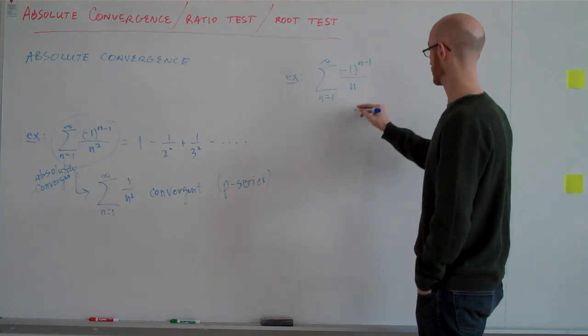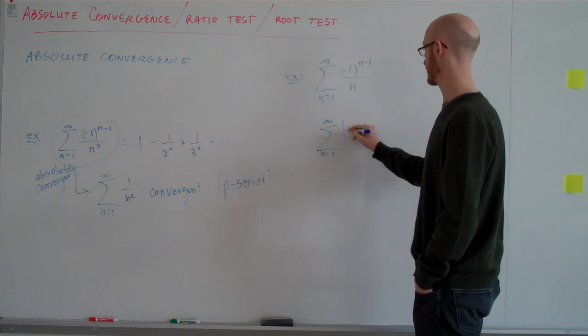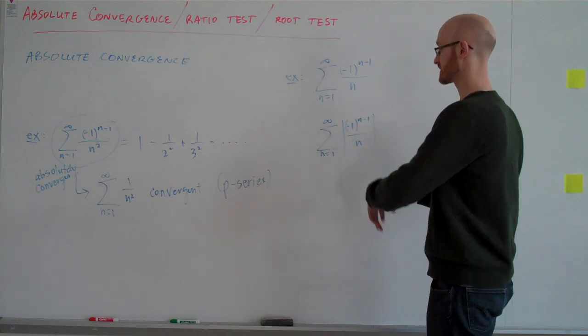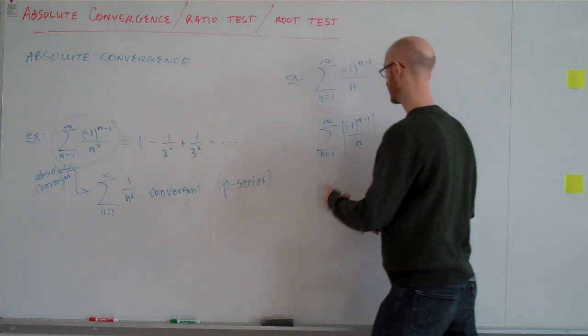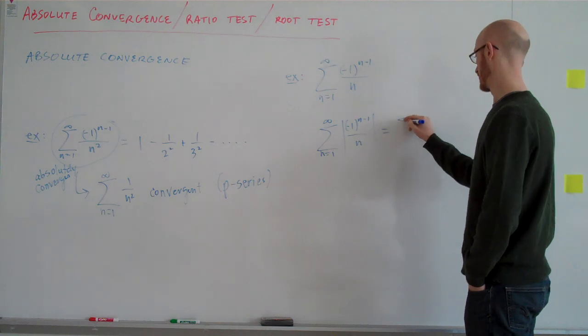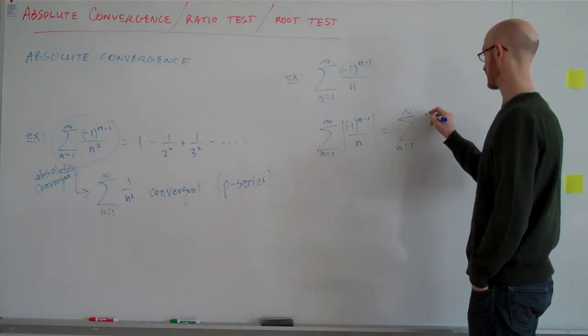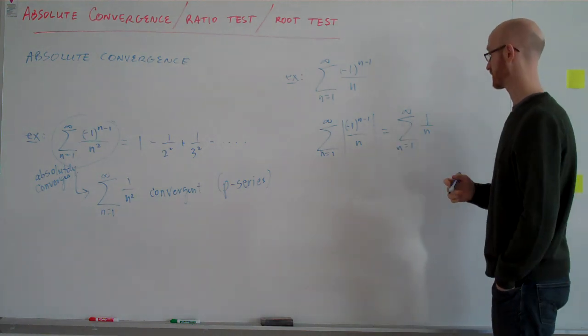So let's take the absolute value. No need to spoil the end of this story. Absolute value of the whole thing here. I didn't write this step, I just mentally took the absolute value. But why not? The sum from n equals 1 to infinity of negative 1 over n will become 1 over n, and 1 over n would stay as 1 over n.